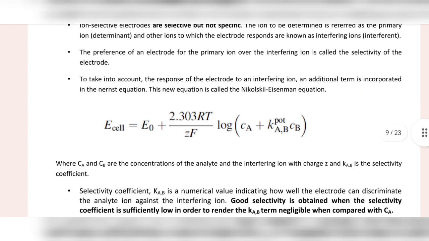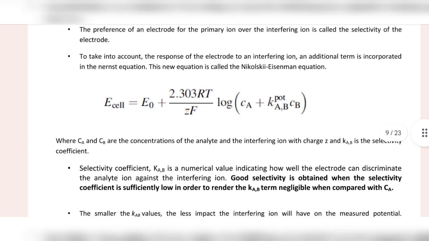Here Ca and Cb are the concentrations of the analyte and the interfering ion respectively, and both have charge z, and Kab is the selectivity coefficient.